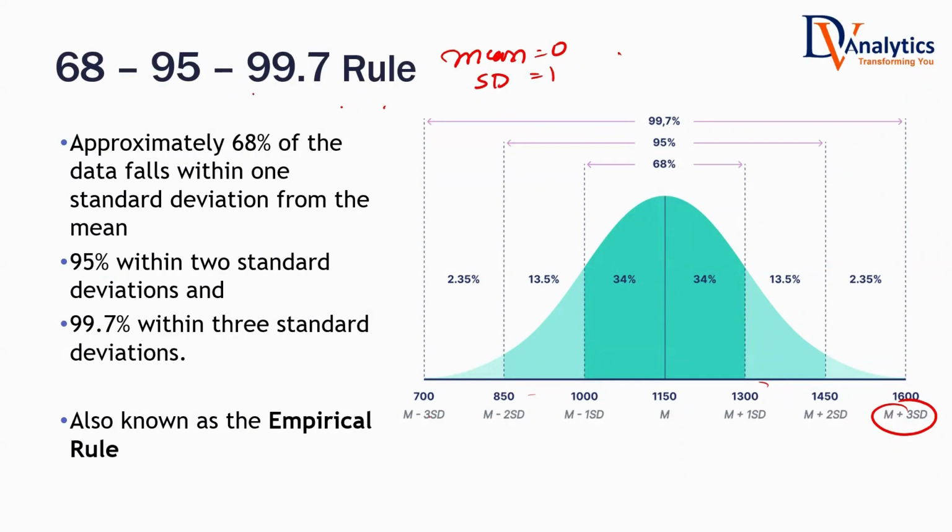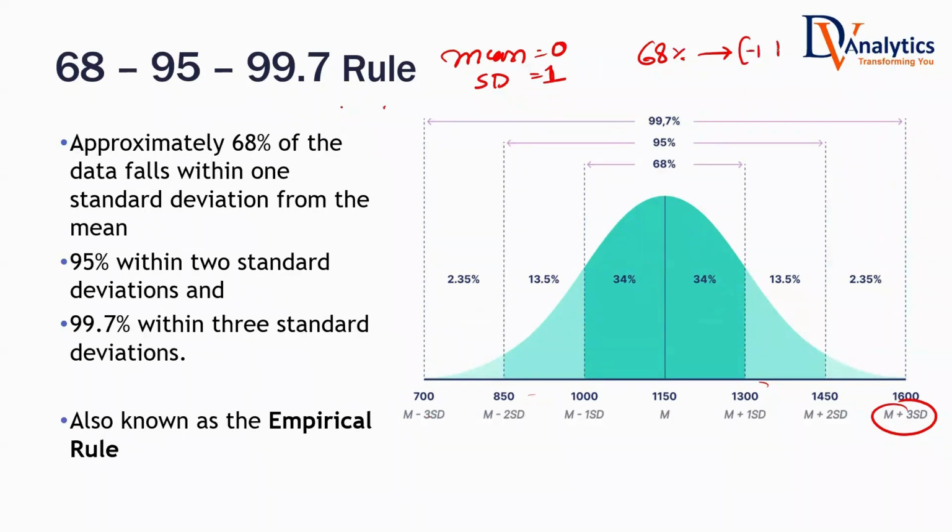Now tell me the 68, 95, 99.7 rule. For that particular variable, 68% of the data will lie between what numbers? There is a variable whose mean is 0, standard deviation is 1, and it is normally distributed. So 68% of the data stays between where to where?